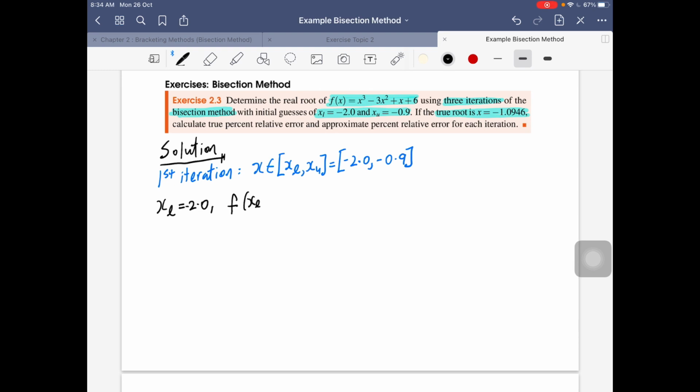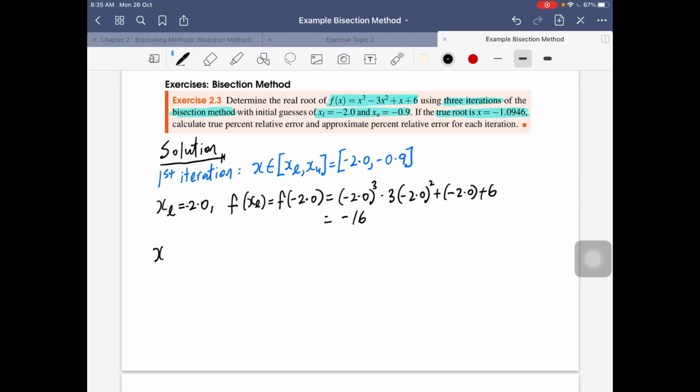So f(xL) equals f(negative 2.0). We insert into our function negative 2.0 cubed minus 3 times negative 2.0 squared plus negative 2.0 and then plus 6. If you use your calculator, you should get negative 16.